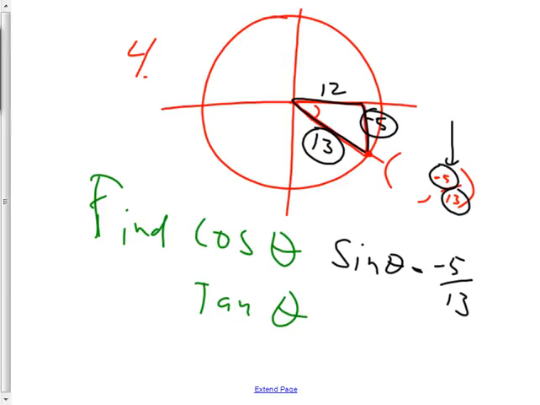See, it's all setting up. Makes sense? All right, so now I've got all my sides, and I just have to figure out what cosine of this is. Cosine of this angle right here, cosine is adjacent over hypotenuse, so it would be 12 over 13. And tangent of this little angle right here, tangent is opposite over adjacent, which is -5 over 12.